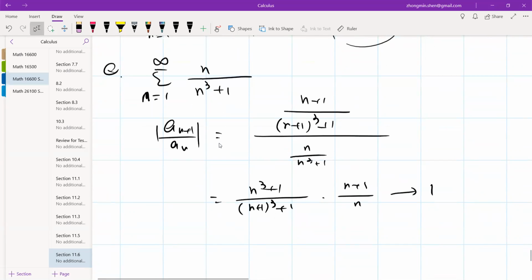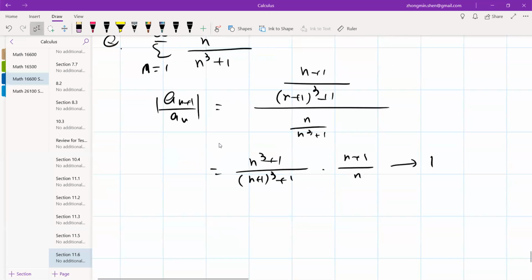So if the nth term is a polynomial over another polynomial, you cannot use a ratio test, you cannot use a root test. Ratio test and root test only work for exponential functions, okay.